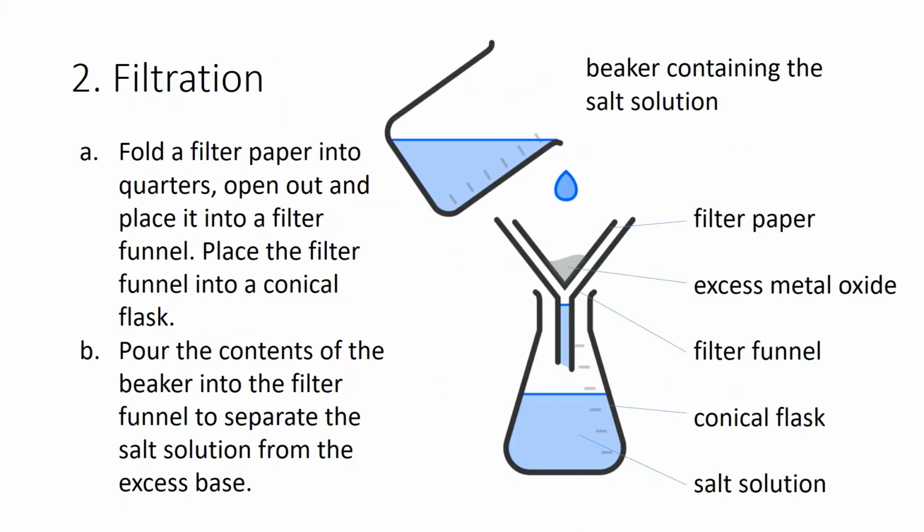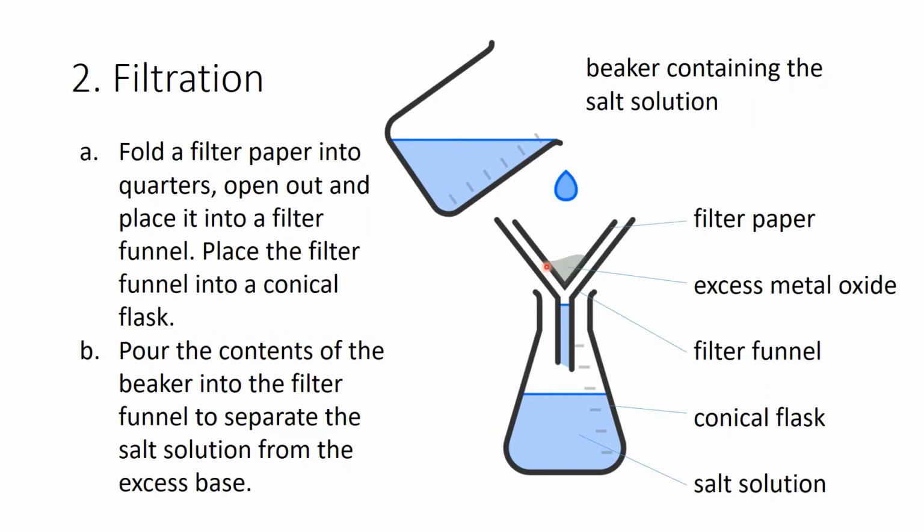The second stage then is filtration, because you'll now have a solution with an excess of that base within it. Here we've talked about a metal oxide, but it could be a metal carbonate. First of all, you need to fold your filter paper and place it into a filter funnel.